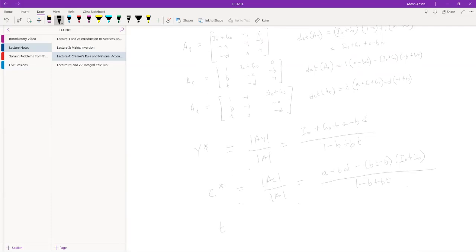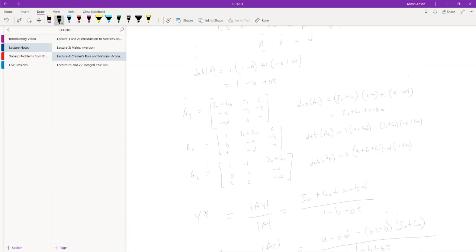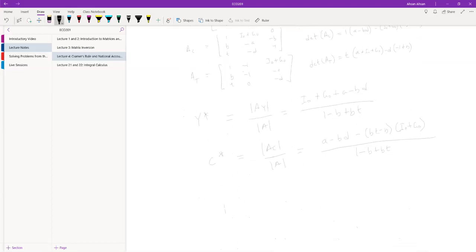And so this will actually be big T, which is obviously given by determinant of AT divided by determinant of A. That gives us, let's see, small t times A plus I naught plus G naught minus D B minus 1.